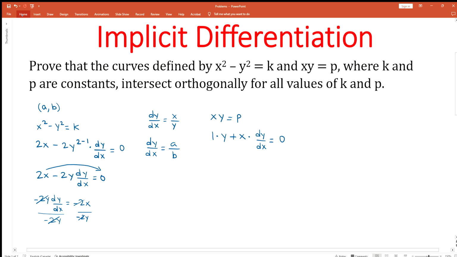Now we have to isolate dy over dx in this equation. We can move y to the right side of the equation. It becomes negative y. Next, we can divide both sides by x.